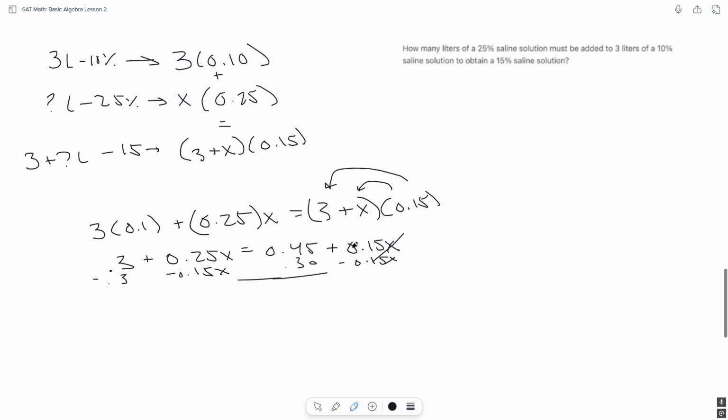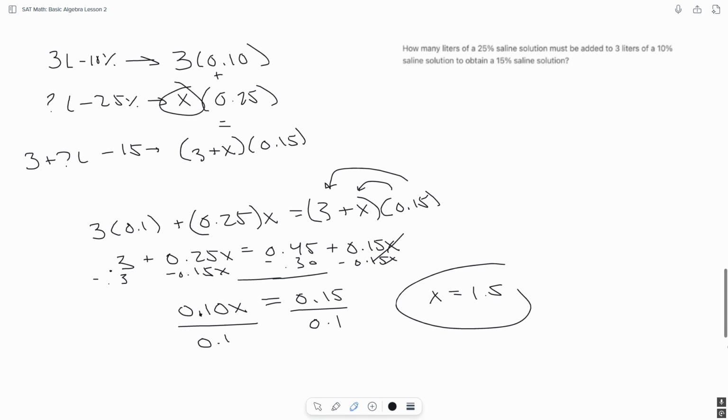So you'll have 0.10x is equal to 0.15, right? Because you're subtracting. Divide these both by 0.1, because this is 0.1 times x, right? And you will get x is equal to 1.5. So you want 1.5 liters.